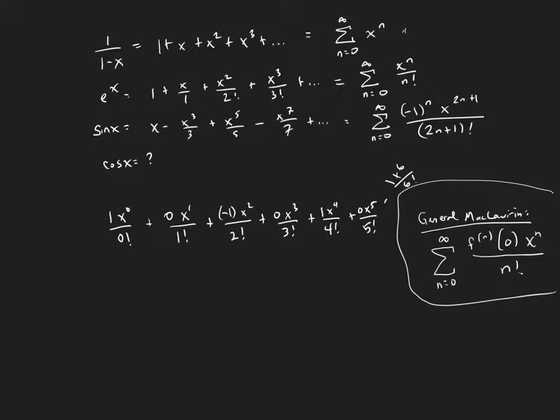So remember the 0 terms are trivial, so we're just going to ignore those when we go to write a pattern out. So the pattern that we've got then is basically that, which is 1, minus x squared over 2 factorial plus x to the 4th over 4 factorial. And I'm sure if you looked at it, you bet that the next term would be negative x to the 6th over 6 factorial, and it would keep going from there.